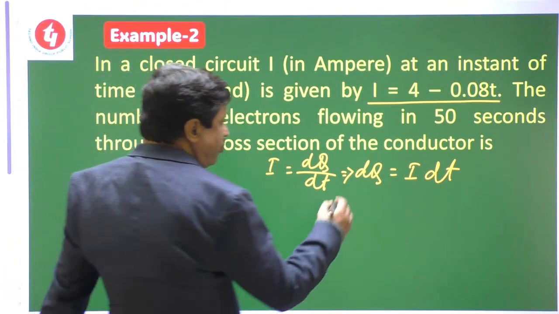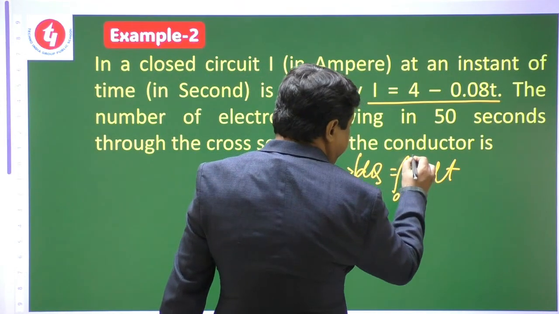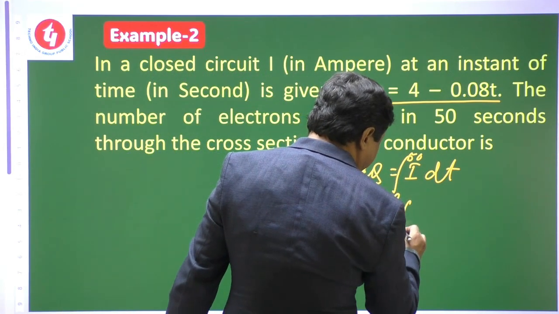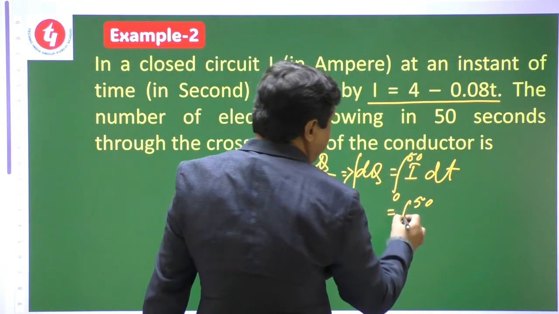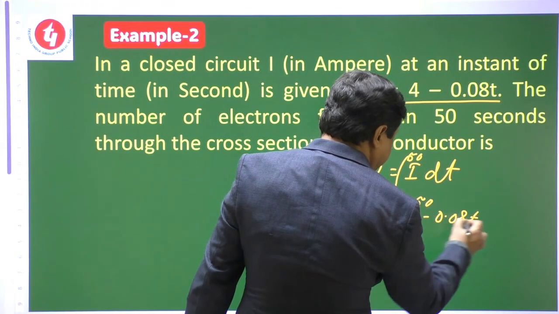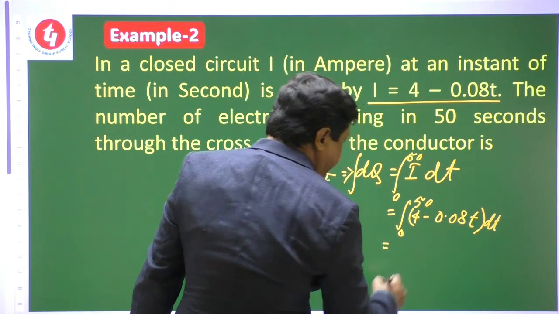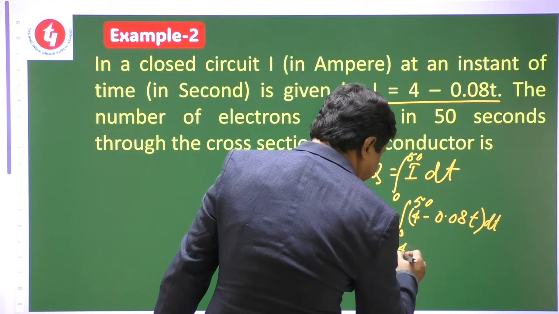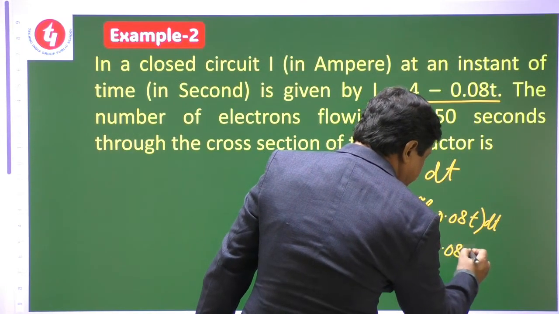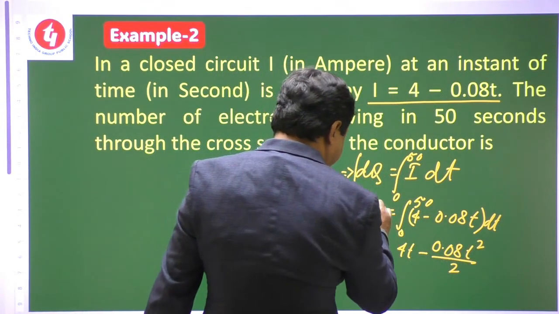So we have to integrate this function, and the limit is 0 to 50, the integral of (4 - 0.08t) dt. If you integrate this, that is 4t - 0.08t²/2. Okay, Q equals to.